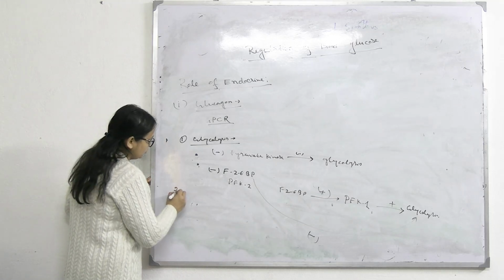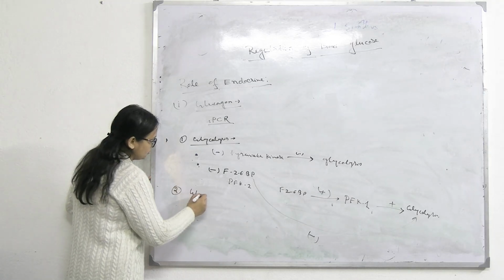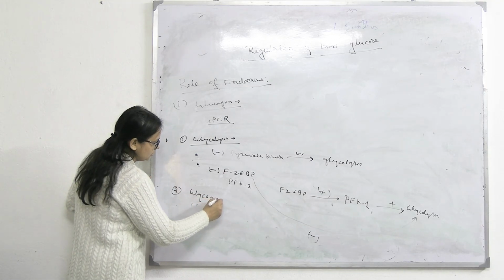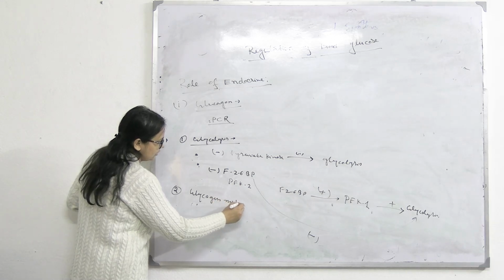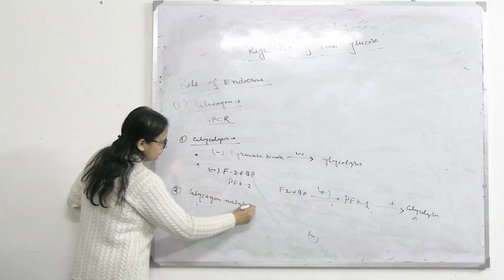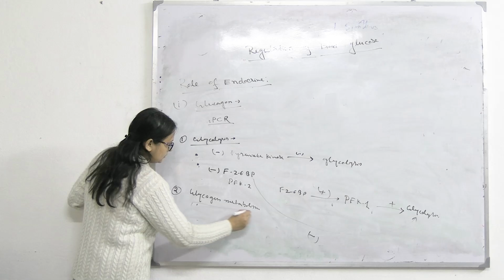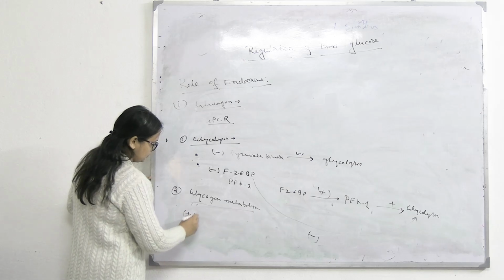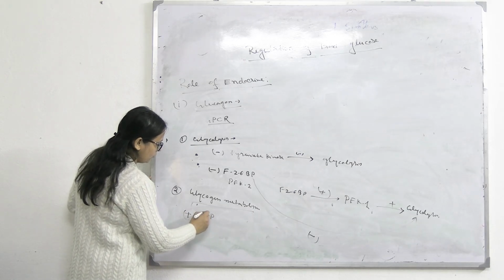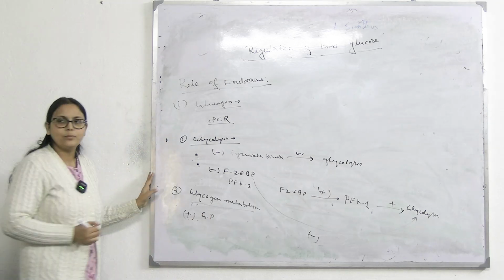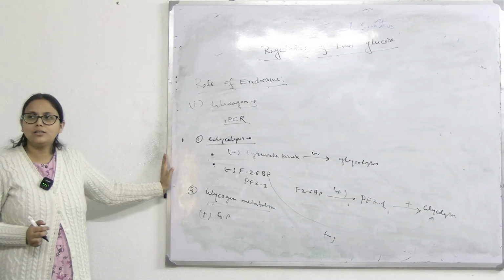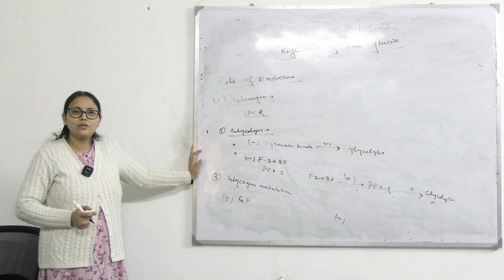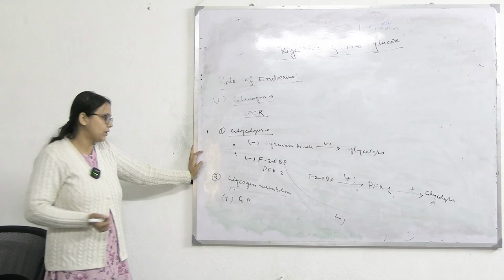Now coming to glycogen metabolism. It activates glycogen phosphorylase. Glycogen phosphorylase is the enzyme for breakdown or synthesis? Breakdown of glycogen.